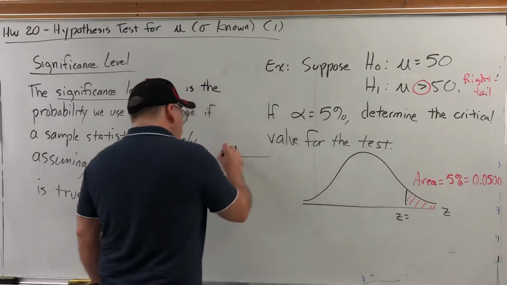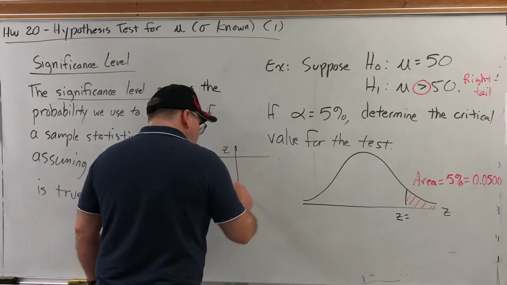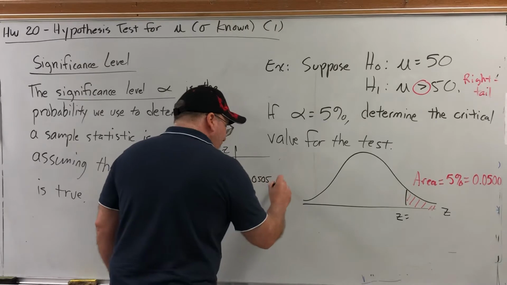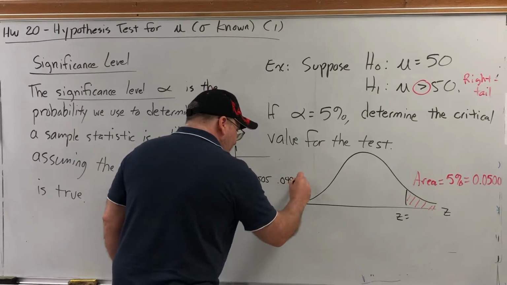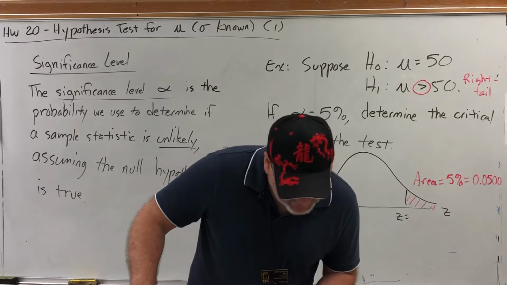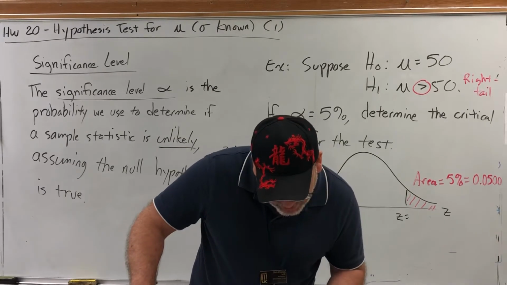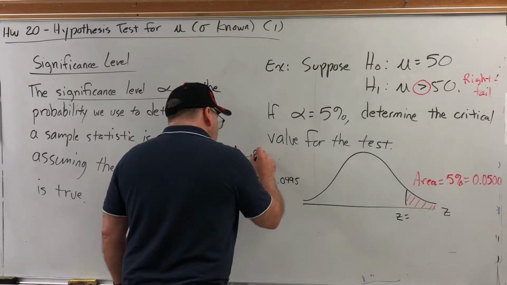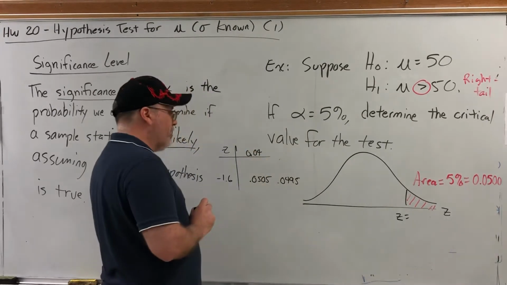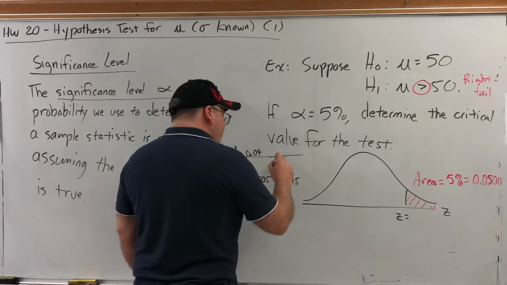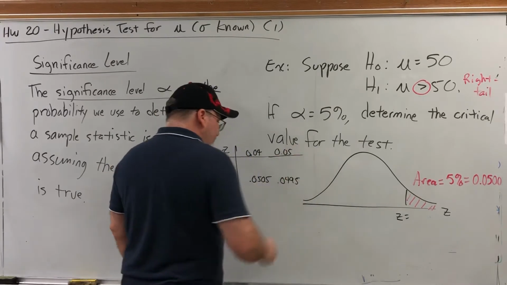The 0.0505 is in the 0.04 column, and the 0.0495 is in the 0.05 column.